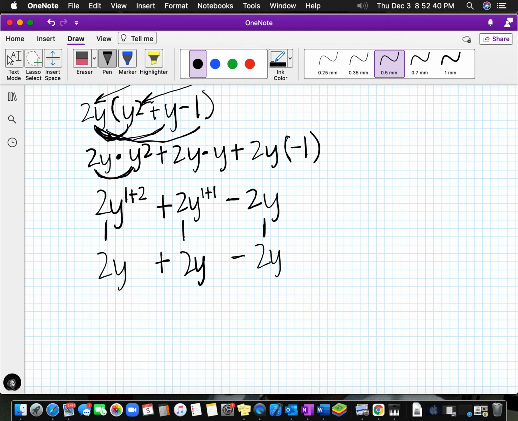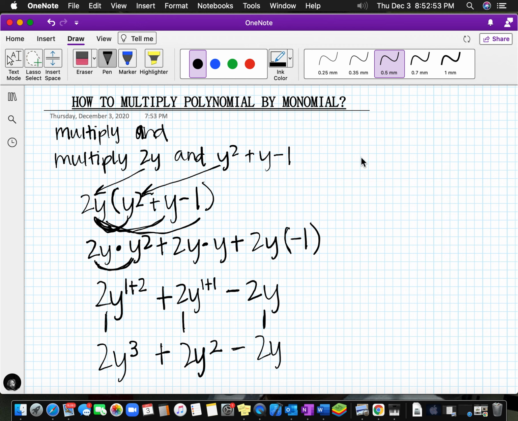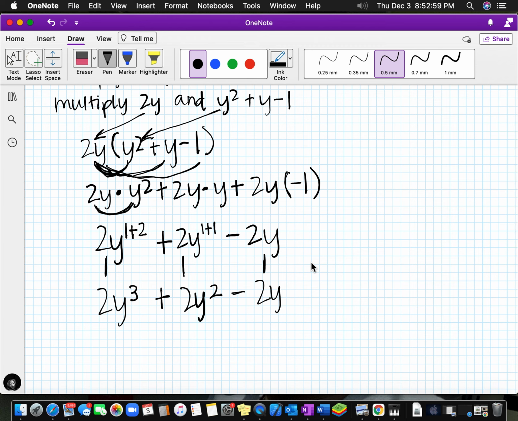We all know 1 plus 2 equals 3, and 1 plus 1 equals 2. So, for the problem of multiplying 2y and y squared plus y minus 1, the answer is 2y to the third plus 2y to the second minus 2y.